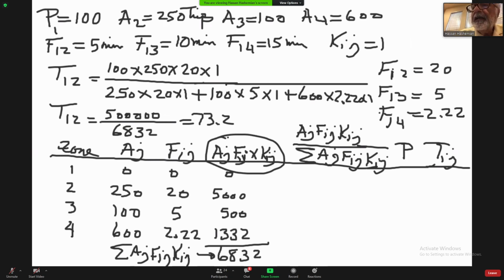Now it's easy, because you know what the Aj Fij Kij is: 0 divided by 6,832, so this one will be 0. Now you divide 5,000 by 6,832, so you get 0.732. 500 divided by 6,832, you get 0.073.